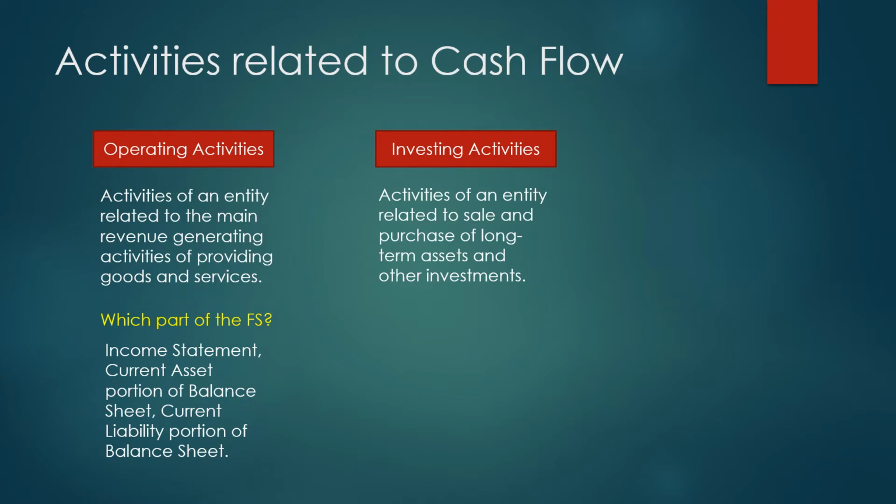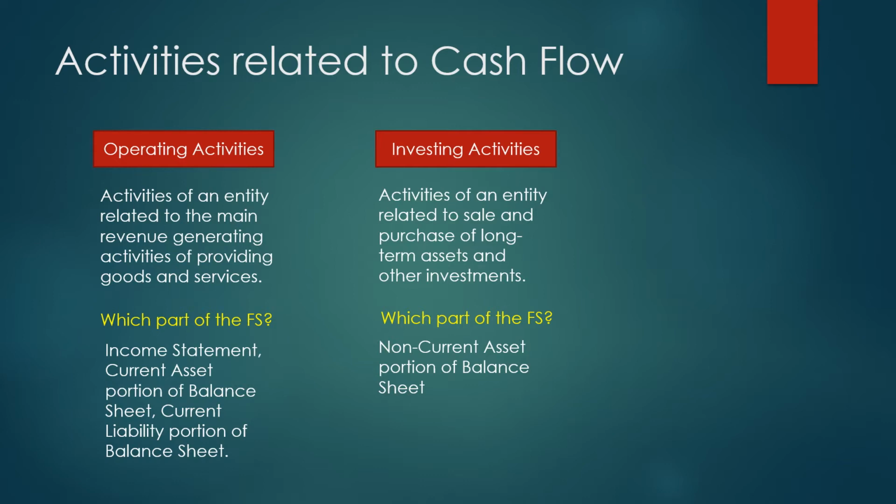Other thing, long-term investments. So, if you have investments, that is an example as well of investing activity. So, saan mo normally nakikita yung mga transactions under investing activity? So, makikita mo yan sa non-current asset portion of your balance sheet. Diba yung property, plant, and equipment, computer, furniture, and fixtures, those are examples of non-current asset.